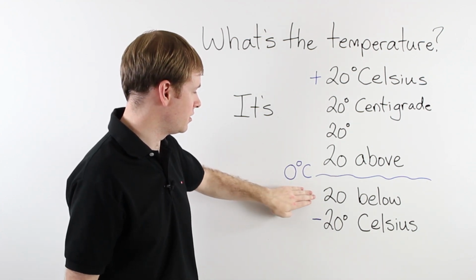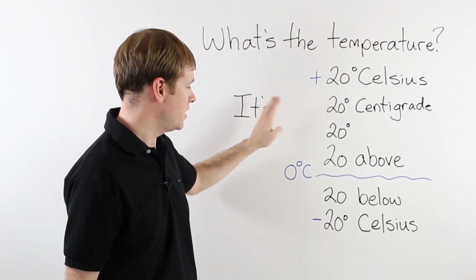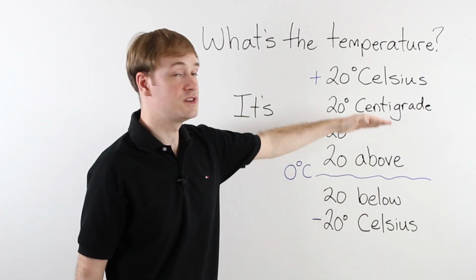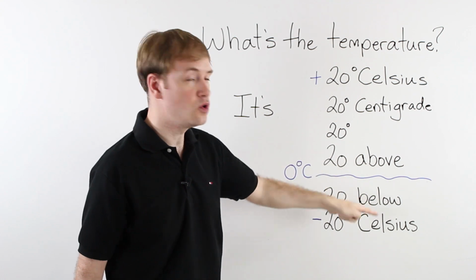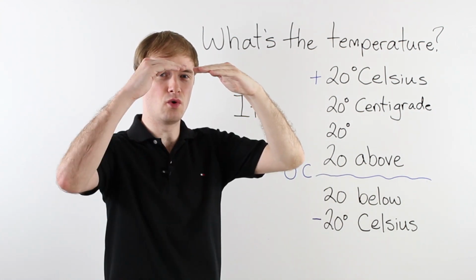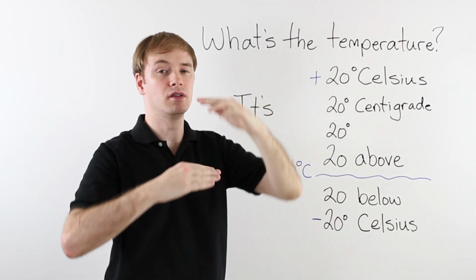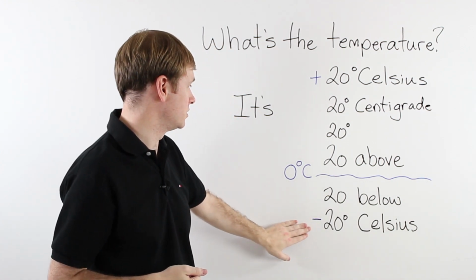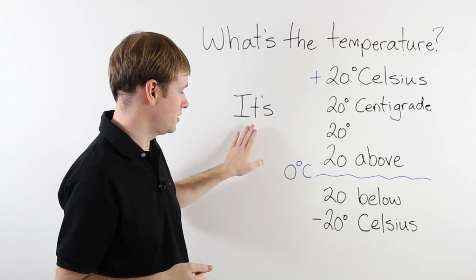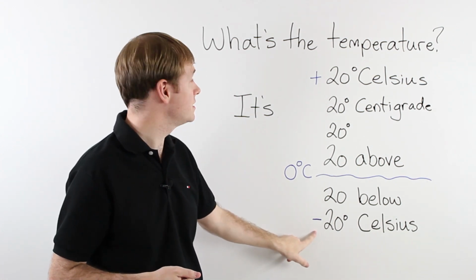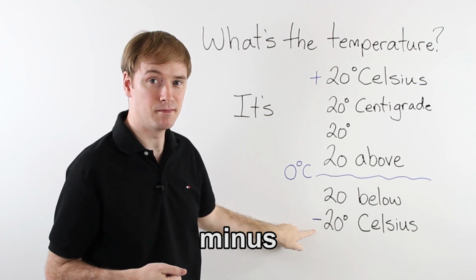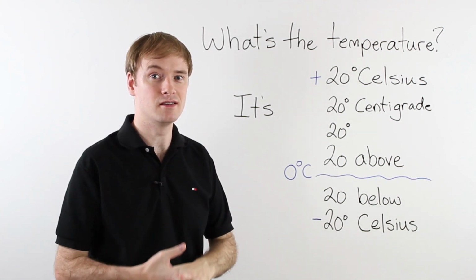Let's go down here. What's the temperature? It's 20 below. So this is above 0, and this is below 0 degrees. So 0 going down cold, it's 20 below. Very cold. Let's move to the last one. What's the temperature? This symbol is minus. This is plus. This is minus. Minus is very scary because it's freezing.